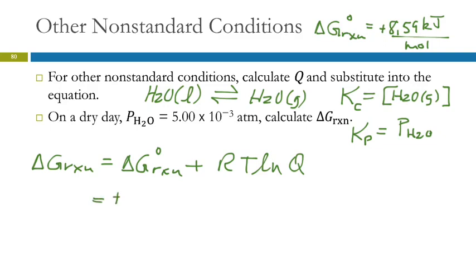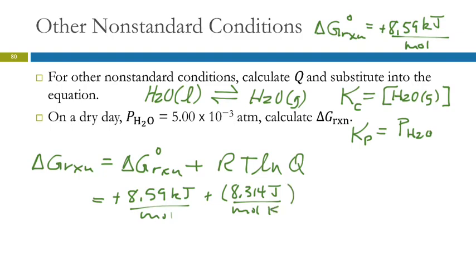So then we've got that positive 8.59 kilojoules per mole plus RT, 8.314 joules per mole Kelvin. They didn't tell us what temperature was.